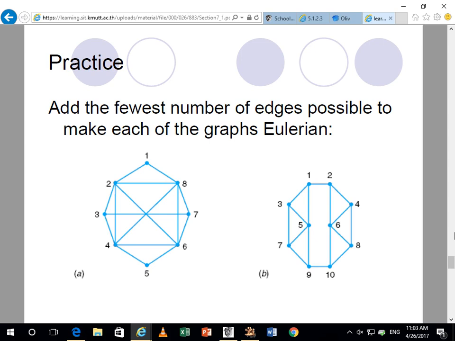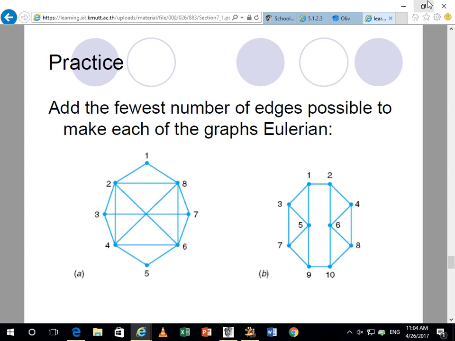Okay, just want to show you this from the textbook, what we talked about earlier. Remember I asked you about comparing the sum of the degree of each node and the number of edges.